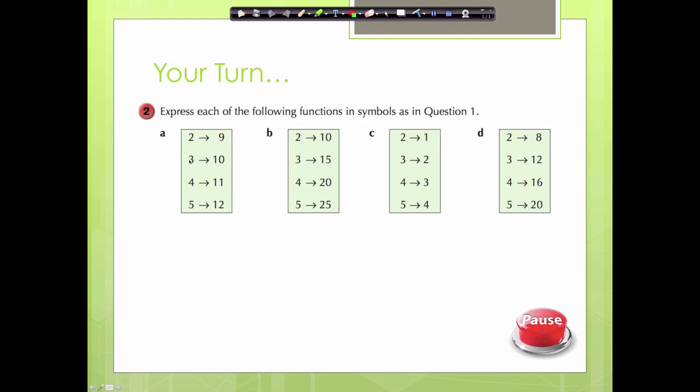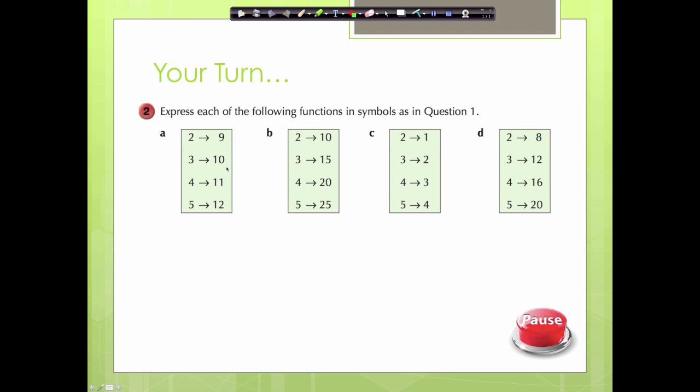Okay, if I times it by 4 and then add 1, it will work for this one here. 2 times 4 is 8, add on 1 gives me 9. But if I try it for the next one, 3 times 4 is 12, add on 1, it gives me 13, so that does not work. So we need to think of another rule.